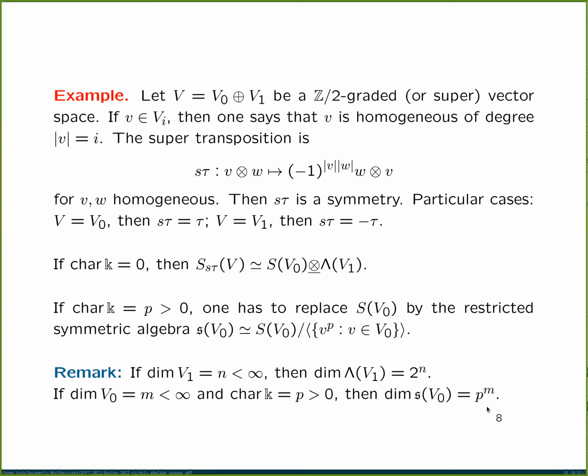Sorry, when you say one has to replace S of V0, what do you mean? For the previous statement to hold, that's what you have to do? Yes, so here is the symmetric algebra in the usual sense, where you divide only by the quadratic elements. And this is in the sense of supersymmetry.